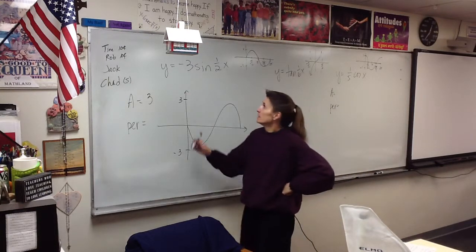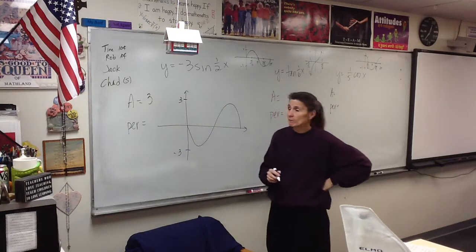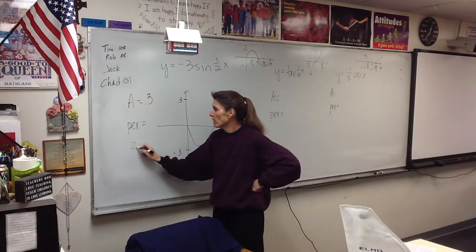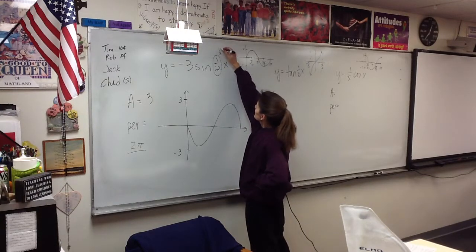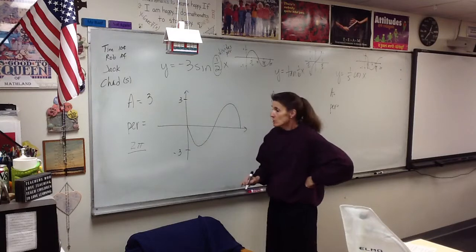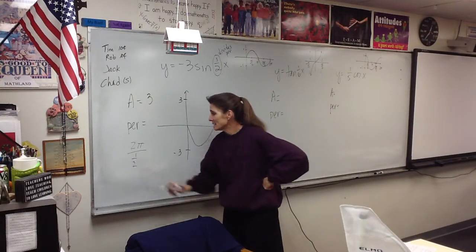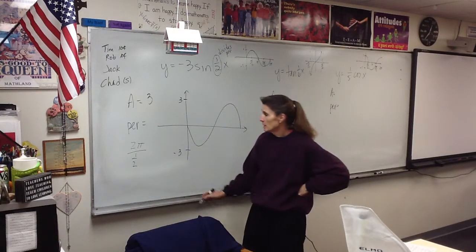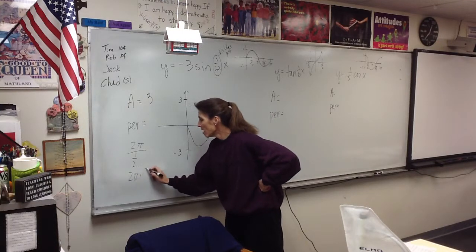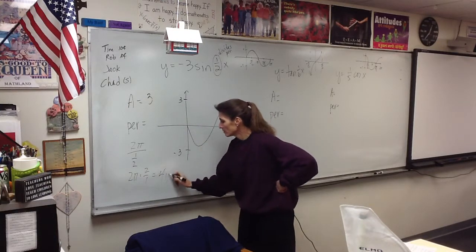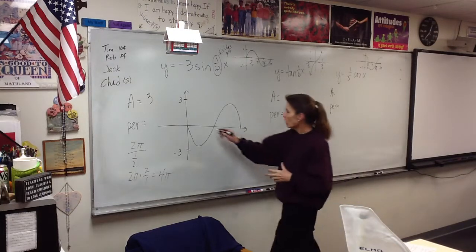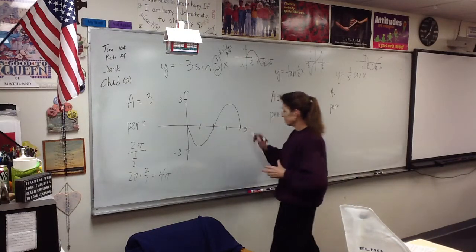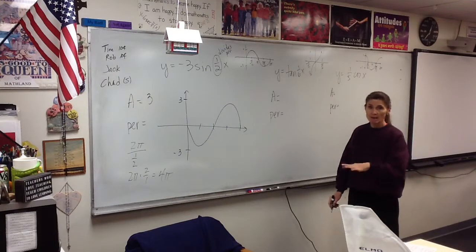The period of all sine curves is supposed to be 2 pi. But we have put a coefficient in there that divides the period. So we have 2 pi divided by 1/2, which is 2 pi times 2 over 1, or 4 pi. That means that all of my labels have been doubled.